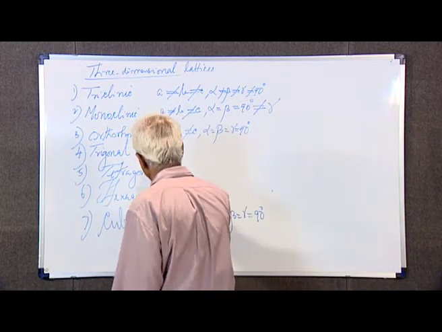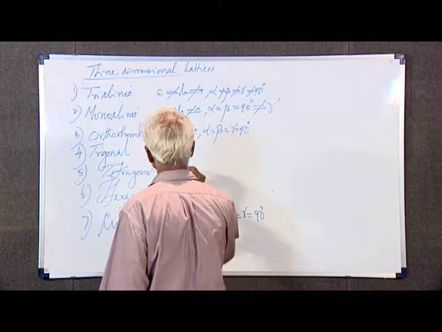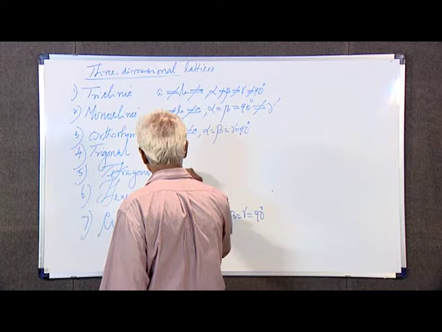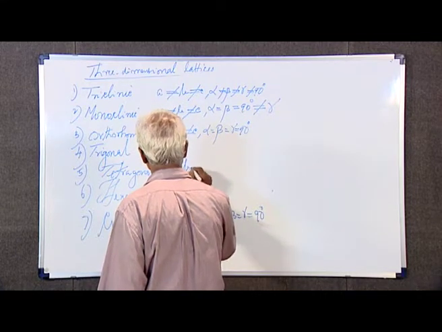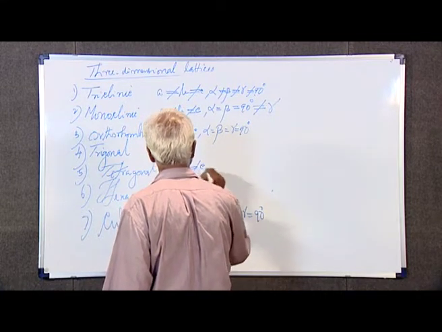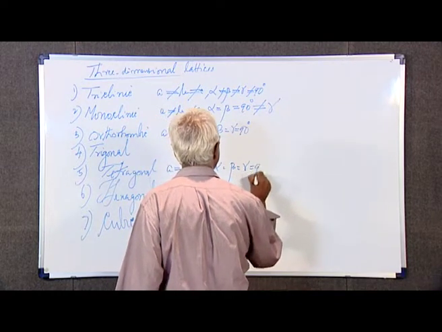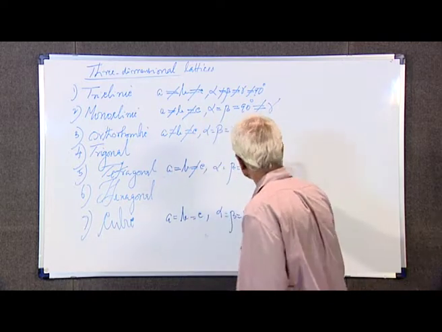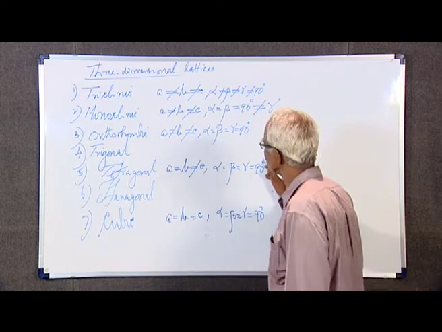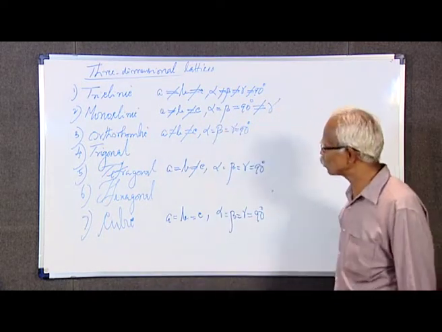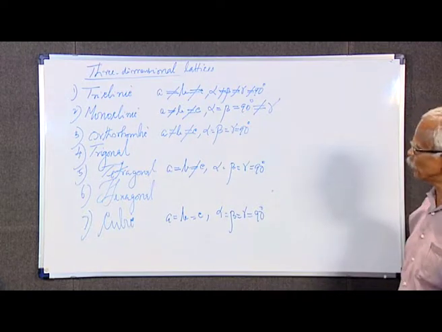I will take this up now, tetragonal. I will write A equal to B not equal to C, alpha equal to beta equal to gamma equal to 90 degrees. See, this is something intermediate in symmetry between the orthorhombic and cubic.